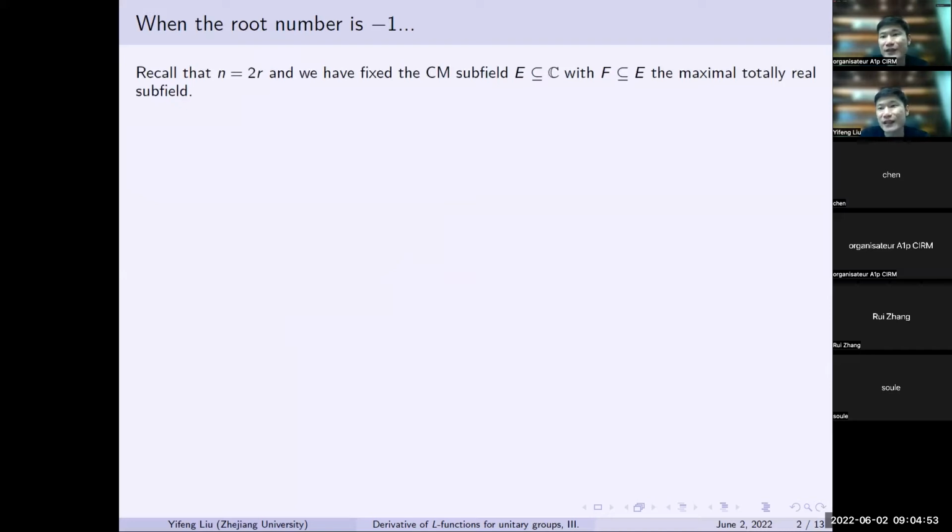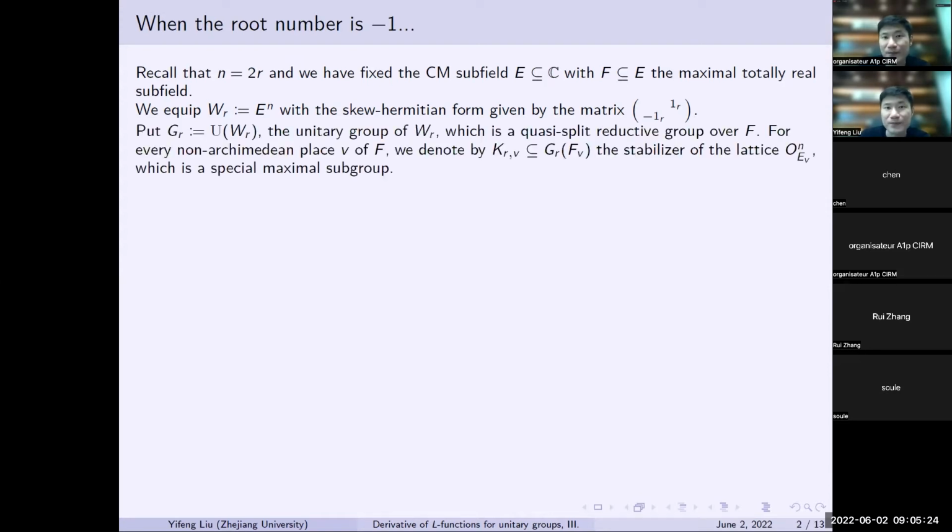Okay. So first, let us recall some setup and notation from yesterday. Recall that n = 2r is an even positive integer, and we have fixed the CM extension E with F, the maximal totally real subfield of E. We then equip W_r with the skew-Hermitian form given by the standard matrix with 1_r and -1_r.